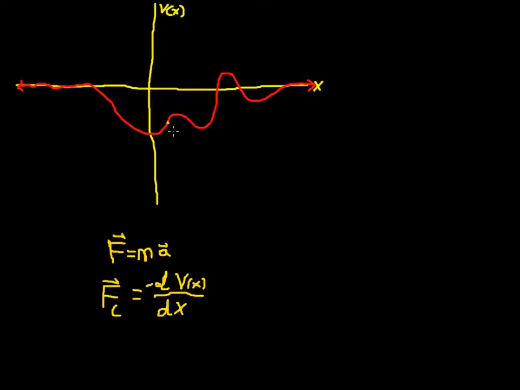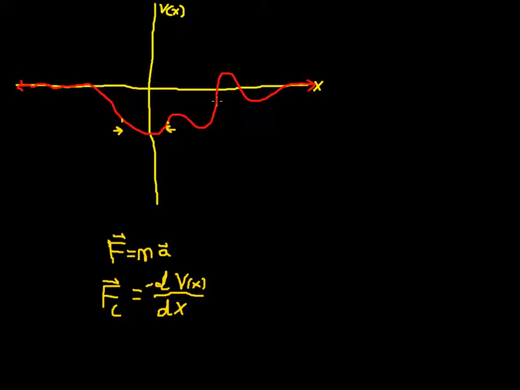So right here, the force is going to be pointing in this direction. I can fix that arrow. Okay, that direction. Over here, the derivative is negative, right? Negative slope. So the force is going to be pointing in the positive direction. Okay, positive.